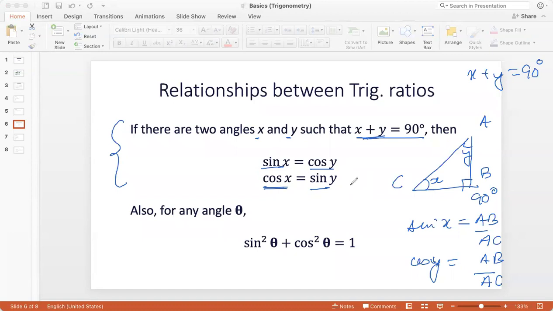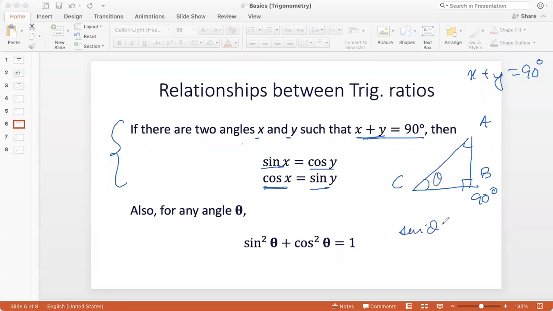Right. The other important identity to remember is for any angle theta, sine squared theta plus cos squared theta is always 1. So let's use the same triangle, but this time we'll just work with one angle theta. So let's say that this angle is theta.